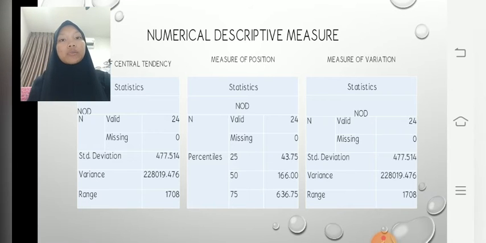For range, it is the same, which is 1708. For measure of position, we got percentiles 25%, 50%, and 75%. We got the number. And measure of variation, the result is the same for measure of central tendency.